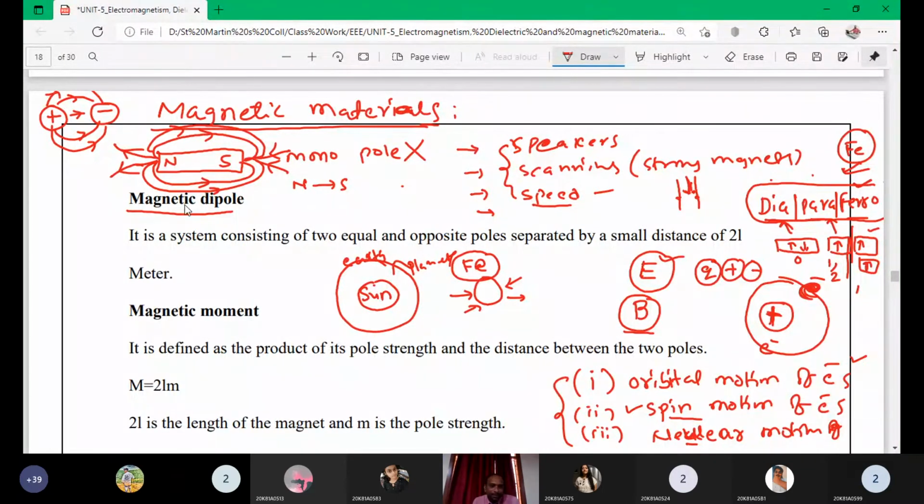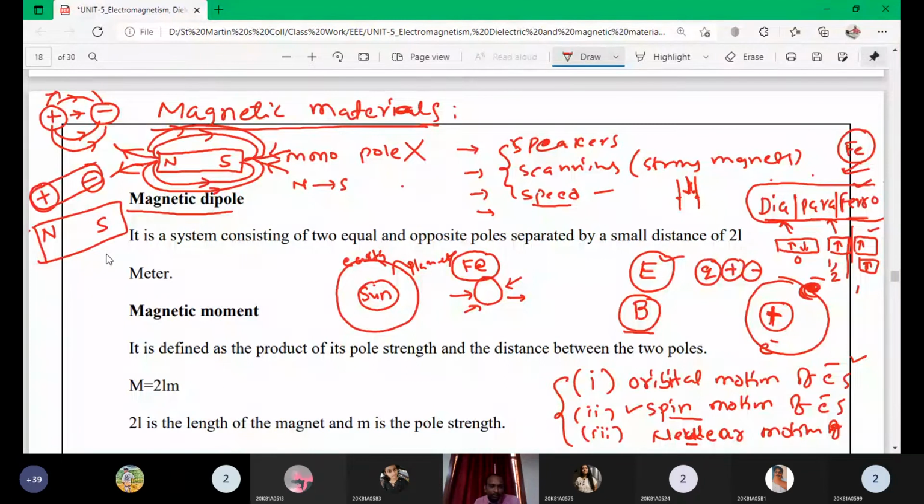Magnetic dipole moment. Here we always have a north pole and a south pole. Like in the electric field we have positive and negative charges, and these two charges we call an electric dipole. Here also we have a north pole and a south pole, and these two poles we call a magnetic dipole.